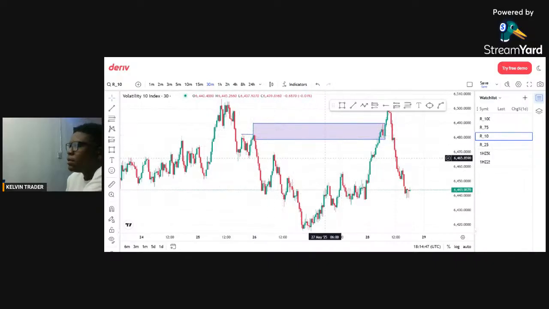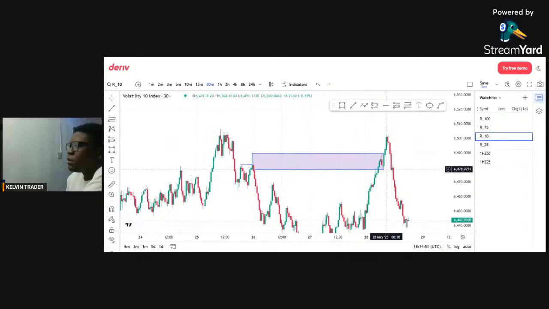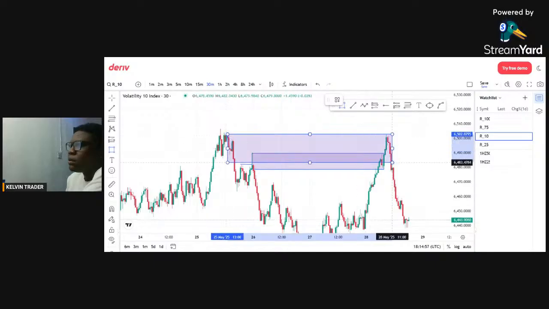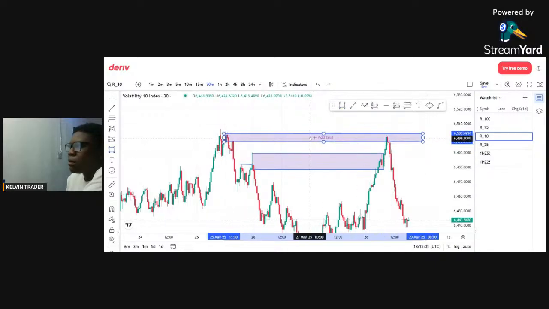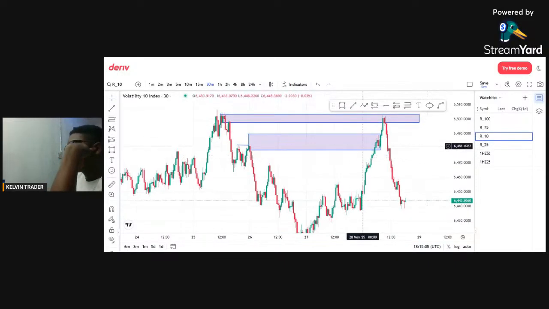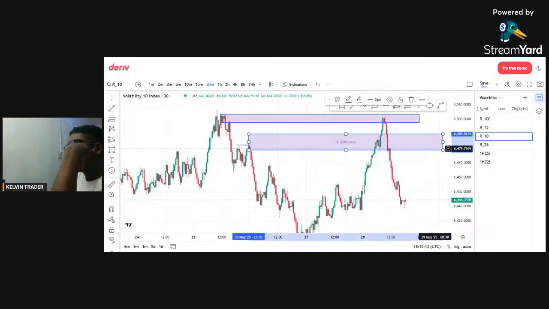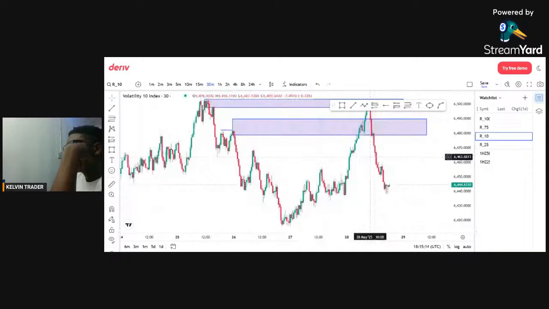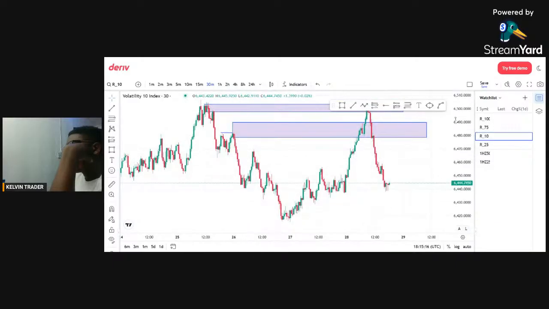I saw this, so I tried to take an entry here, but price took my stop loss and came for this other block here. So for now, I'm looking at price coming back to here, which seems impossible. But for now, I don't have anything of this style.